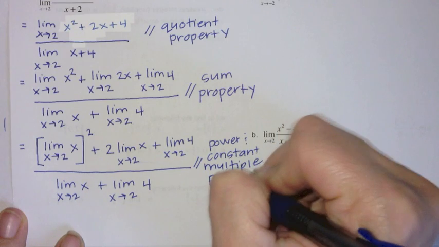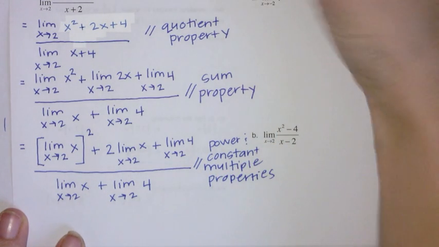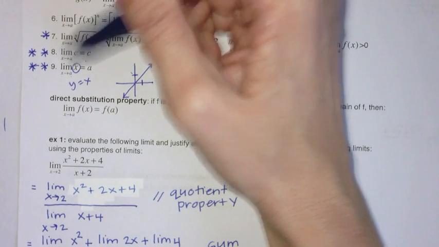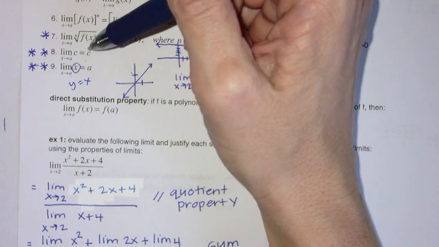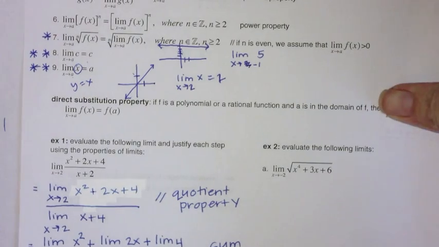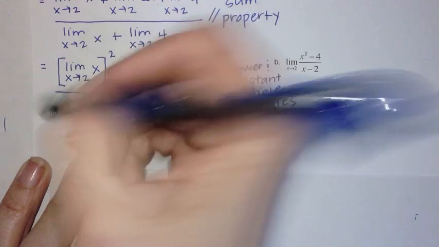Once I've gotten it down to 8 and 9, I get to use 8 and 9 because that tells me up here, if you have a constant, the limit simplifies to just the constant. It is only when I'm getting to this step where I'm actually performing the operation of limit that I get to not write my limit sign anymore.